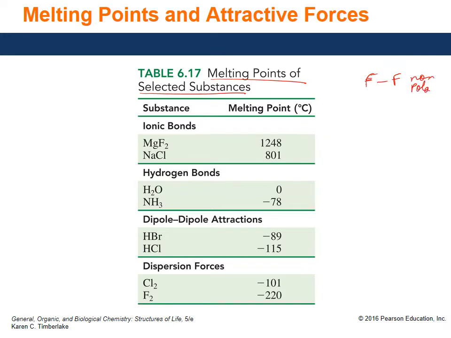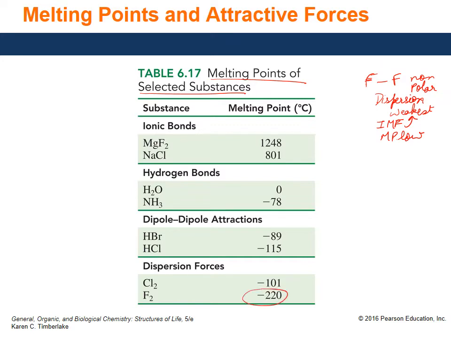If it is a non-polar molecule, the only force of attraction it will have is dispersion, because dispersion force is present within all molecules, but dispersion force is the weakest of them all, which means the IMF is weak, which means the melting point will also be low. Therefore, you can see the melting point of fluorine is negative 220 degrees Celsius.